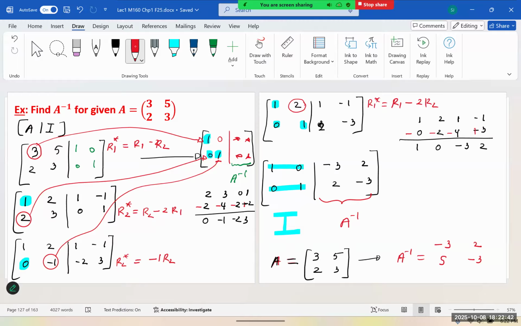So 1, 2, 1, -1, 0, -1, -2, 3. Now for -1, I just need to multiply or divide by negative. So 0, 1, 2, -3, 1, 2, 1, -1. And then R1, which is 1, 2, 1, -1, and it's subtracting twice row 2. So 0, -2, -4, +3. So 1, 0, -3, and 2. 1, 0, -3, and 2.